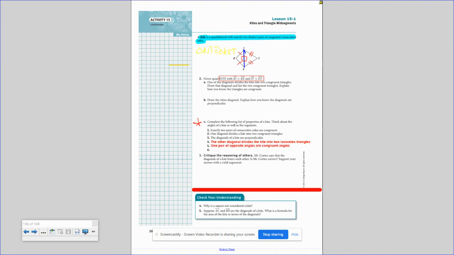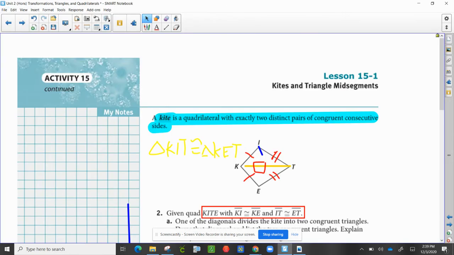One pair of opposite angles are congruent. So let me move this out of here and this one back in. Remember that diagonal KT divided us into two congruent triangles. When that's the case, remember we have corresponding parts of congruent triangles are congruent.